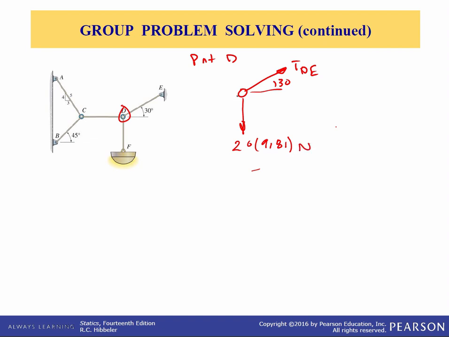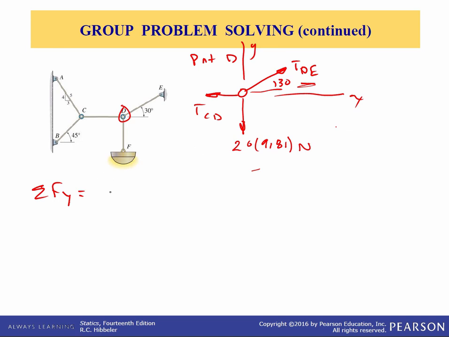And then finally we have FCD, or TCD. Okay, two unknowns, the magnitude of TCD and the magnitude of TDE. We know the directions of those vectors, so we should be able to solve this. So let's first sum forces in the y first, and we'll get the component of TDE in the y direction. I've got to put my coordinate system on here, x, y.